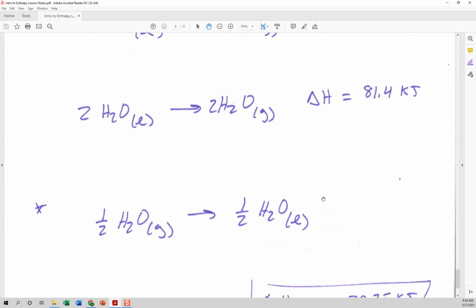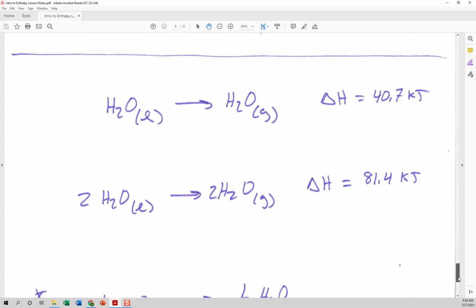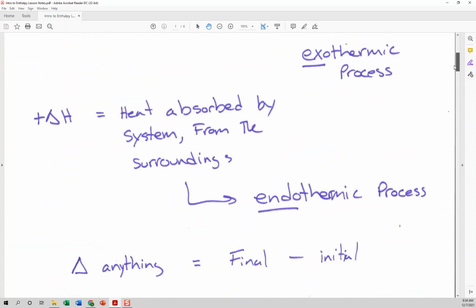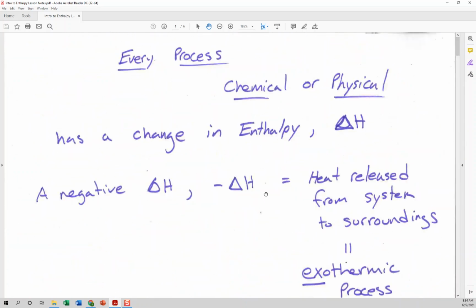All right, so hopefully that straightened things out a little bit about delta H, but we're going to get into a lot more details about enthalpy change in class and moving forward, and I'll post a couple of other videos this week doing more with delta H of reactions. What we're going to end up leading to is specific types of reactions.